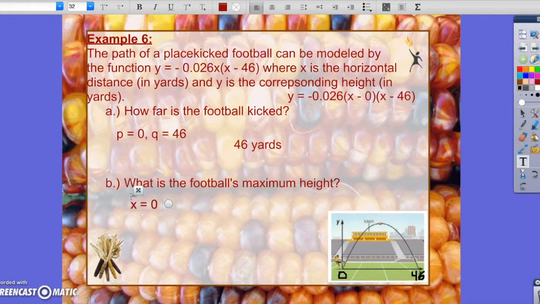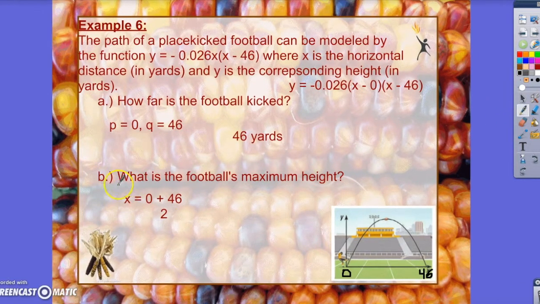X is adding up p plus q and taking the average of it, which means dividing by 2. 0 plus 46 is 46 over 2, which is 23. So my x is 23.